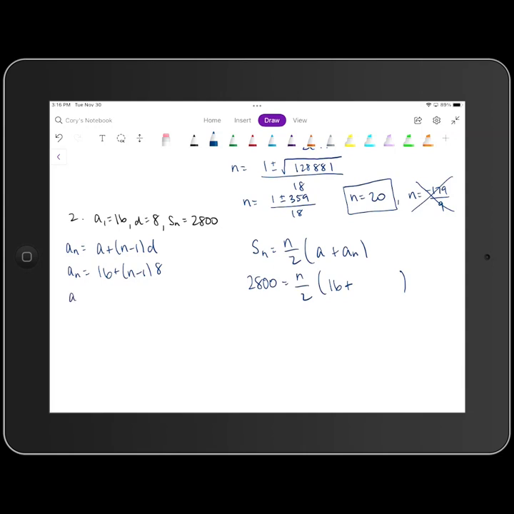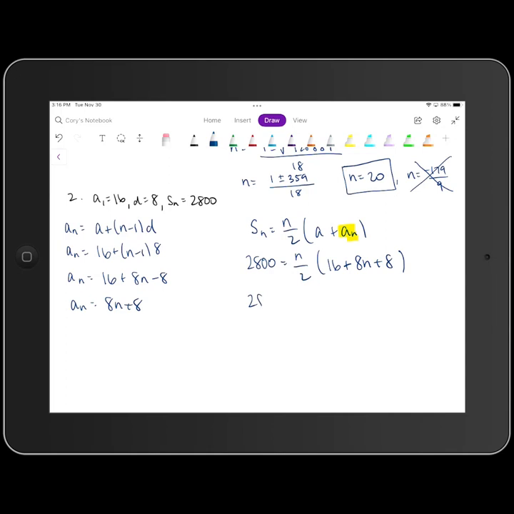When I distribute 8 across those two terms, we get 16 plus 8n minus 8, which makes a sub n equal to 8n plus 8. Okay, so we're going to plug that in for a sub n over here. So we're going to plug the expression 8n plus 8 in.